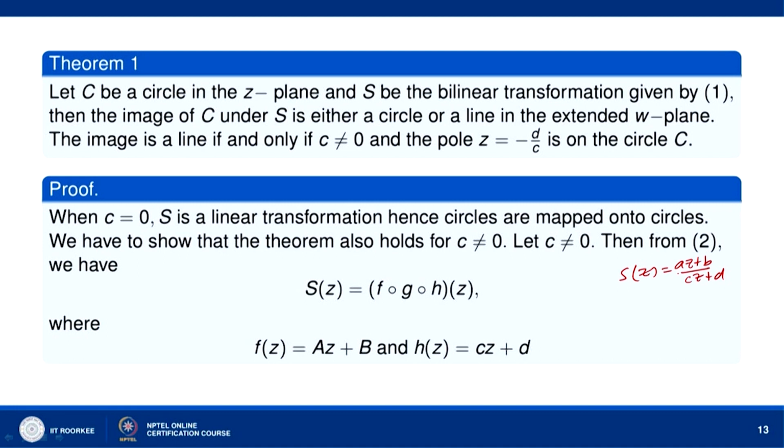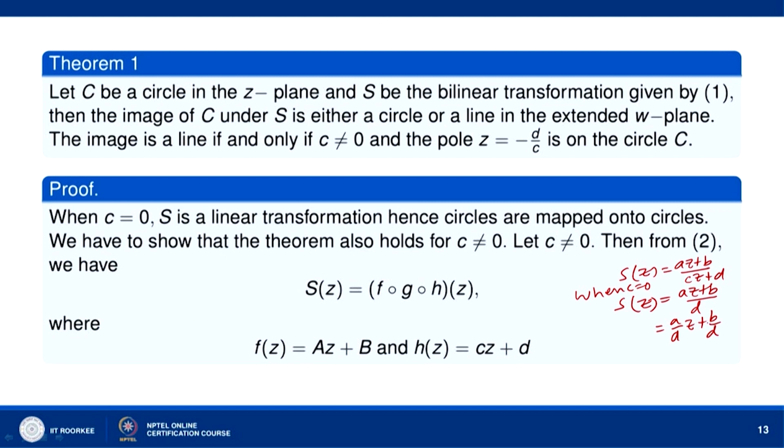So, let us first look at the case when c is equal to 0. When c is equal to 0, then we get S(z) equal to (az + b) divided by d. Okay. So, a by d into z plus b by d.